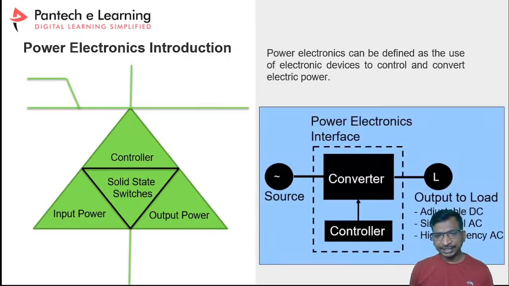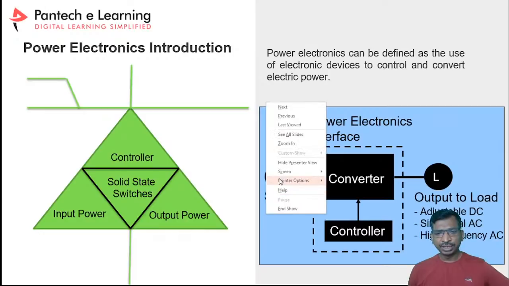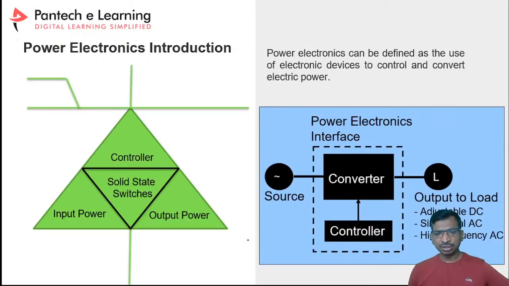If you take it in detail, see here, this is the source. Here we have a 230 volt input, and this input is going to give you the proper output voltage based on the load demand.